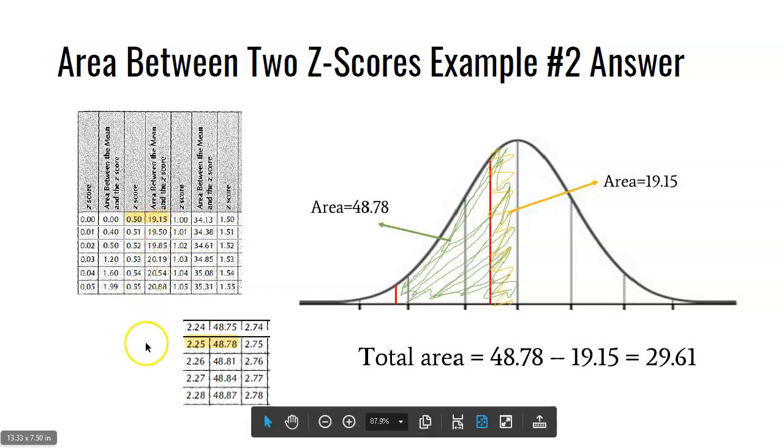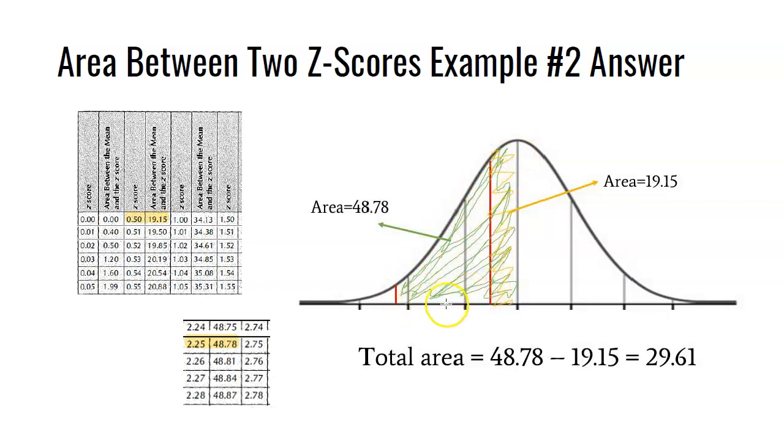For the previous example, both z-scores were on opposite sides of the mean, so we added them. What do we do in this case? Well, we actually subtract them because we take our whole green piece, but that's not the question. The question is not what is the area between negative 2.25 and the mean. The question is what is the area between negative 2.25 and negative 0.5.